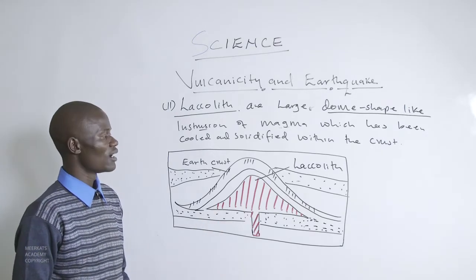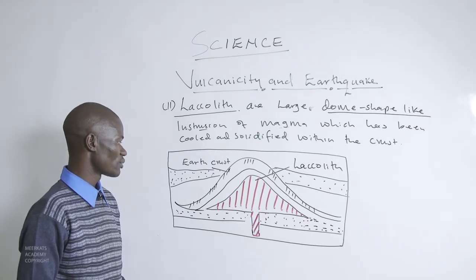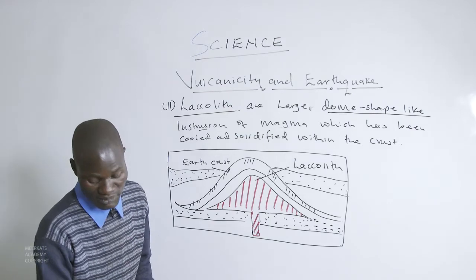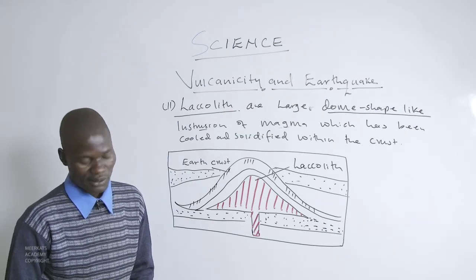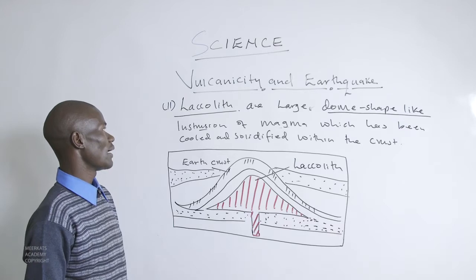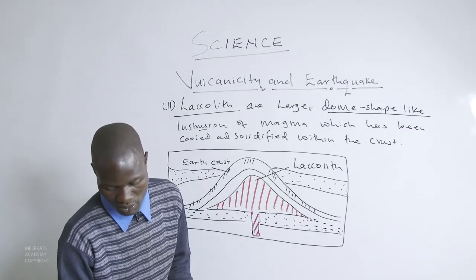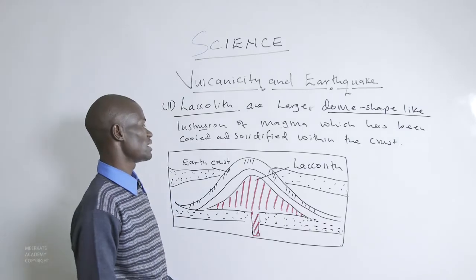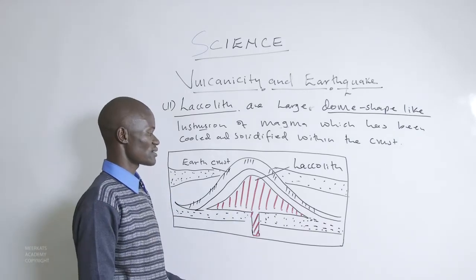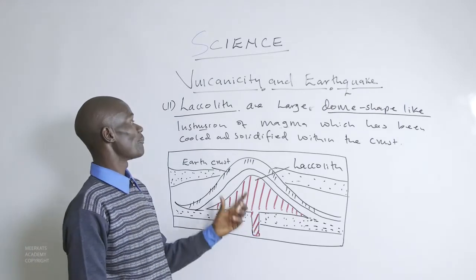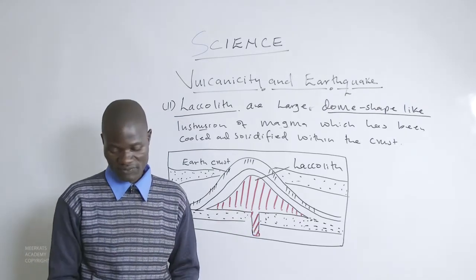This is how a Laccolith looks like, and it is formed in this process. Remember, it is volcanicity that propagates the formation of such a feature, because the magma has been ejected into the earth crust, leading to the formation of such features upon cooling and solidification.